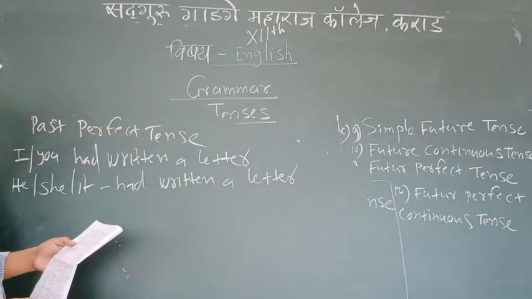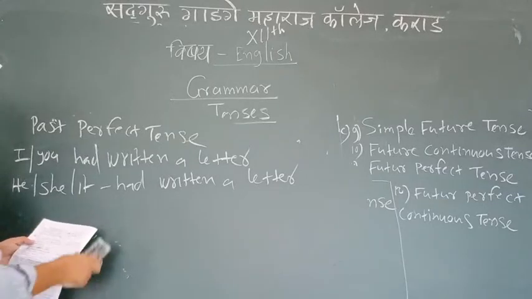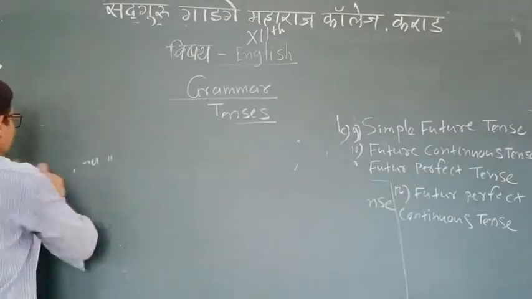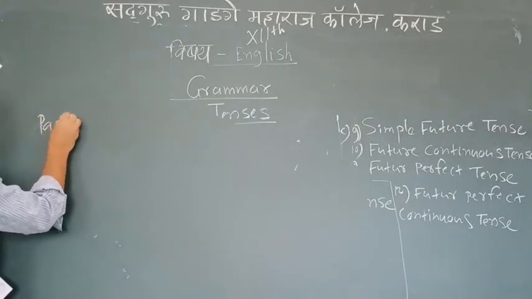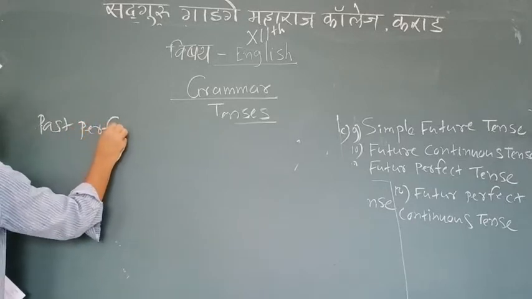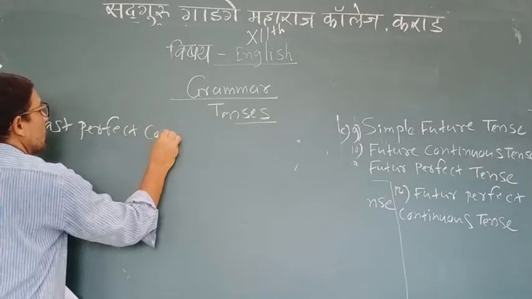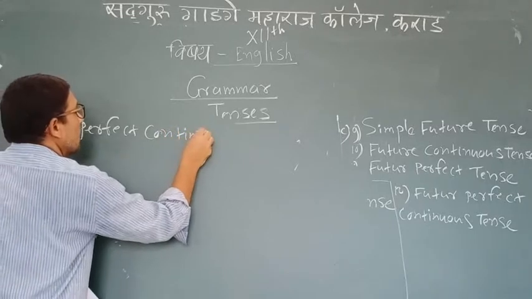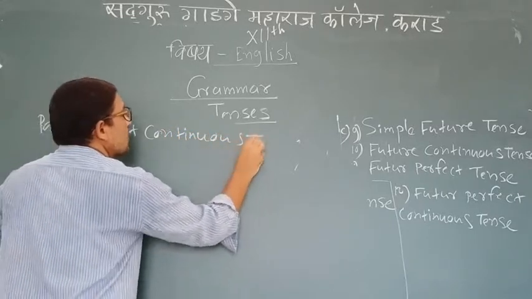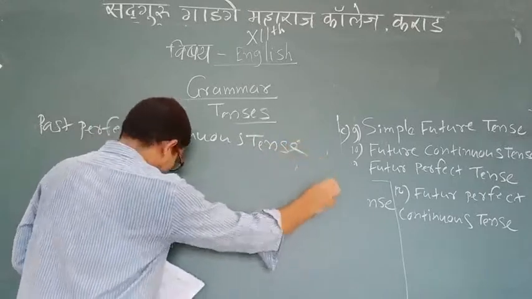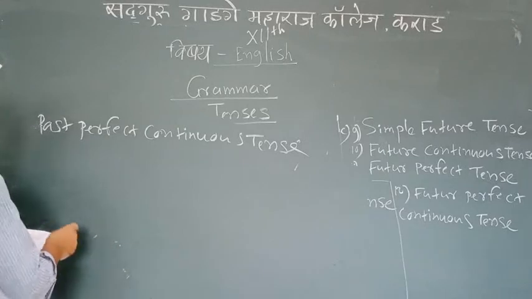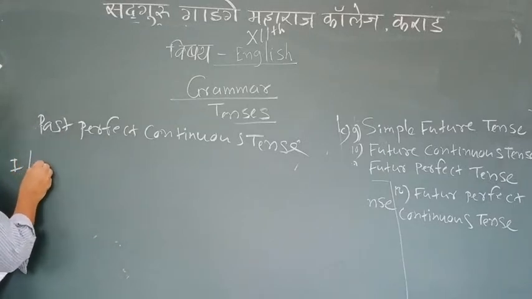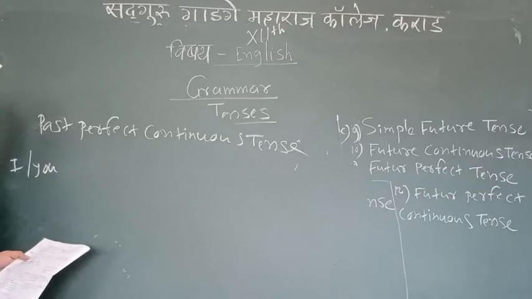Then see the next example, past perfect continuous tense. You can create the sentence. If you take the subject I or you, had been writing.